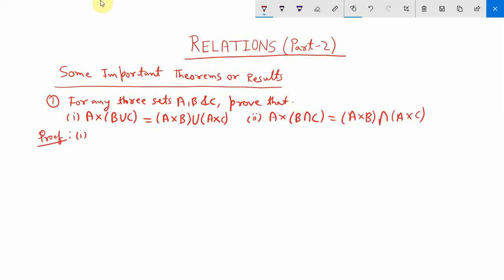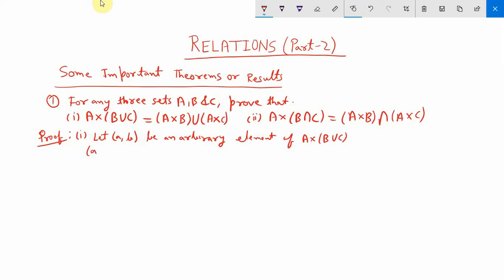So for proving A cross (B union C), let (a, b), this ordered pair, be an arbitrary element of A cross (B union C).